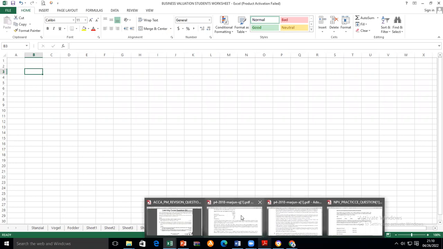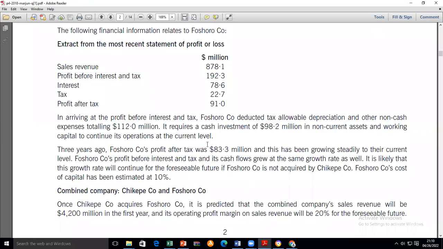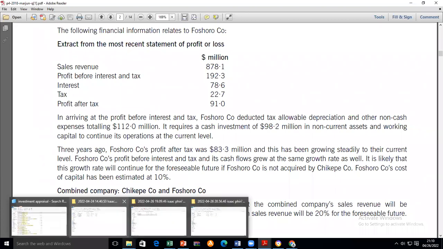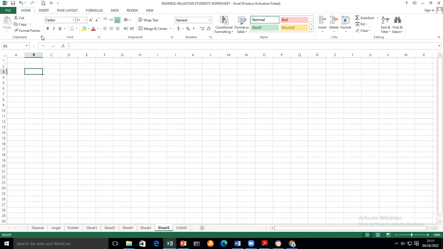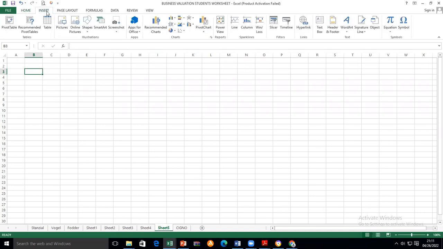Okay, so I'm going to put down a formula here for free cash flow computation. I know all of you know the format.